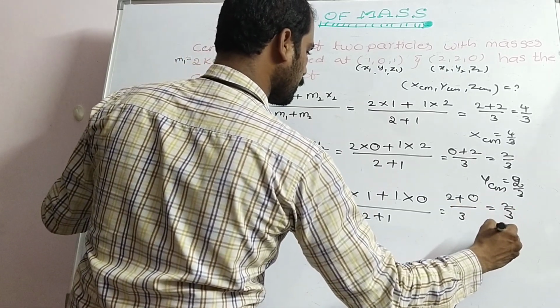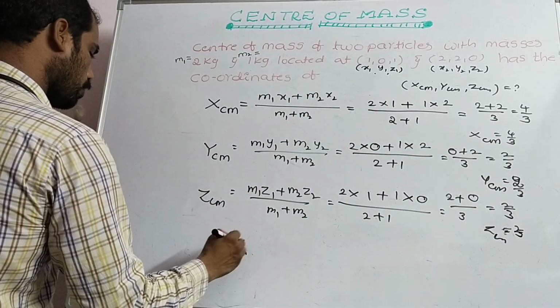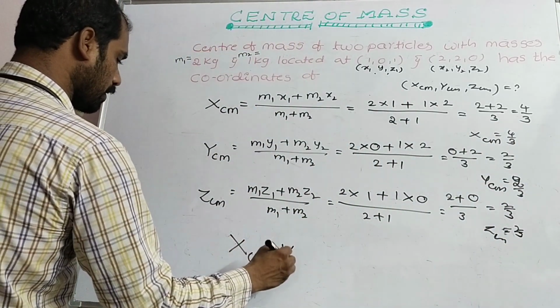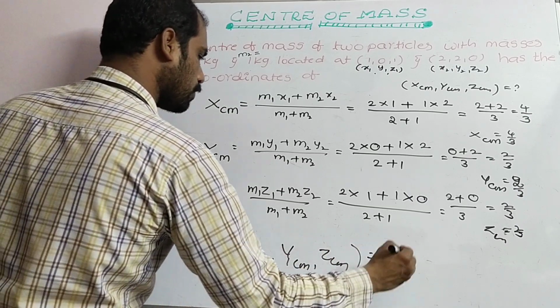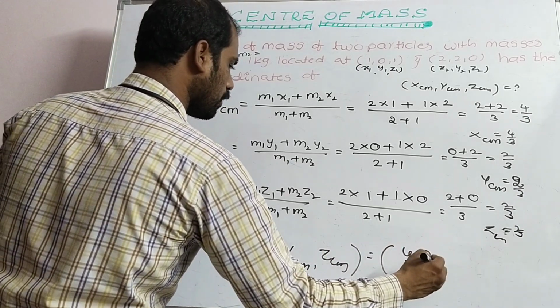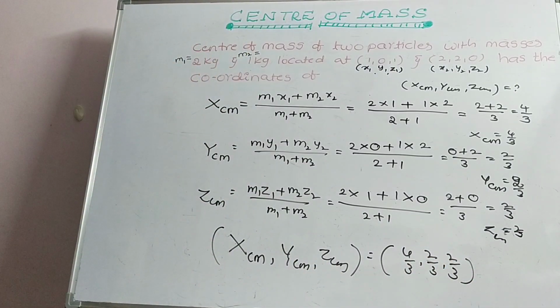So ZCM is equal to 2 by 3. So the coordinates of the center of mass, XCM, YCM, ZCM, are 4 by 3, 2 by 3 and 2 by 3.